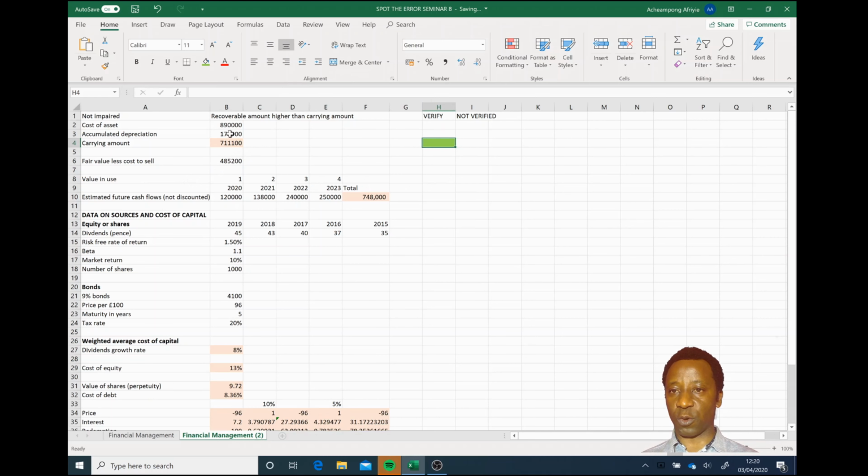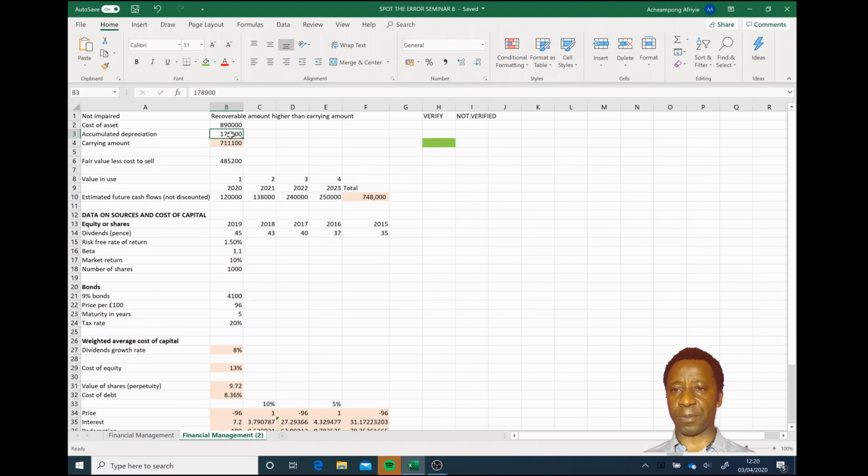But of course, we may want to dig deeper. We may want to go and check the records for accumulated depreciation. We've done that in our previous tasks, haven't we? We verified the non-current asset accounting figures for different tasks. So for now, it's okay.